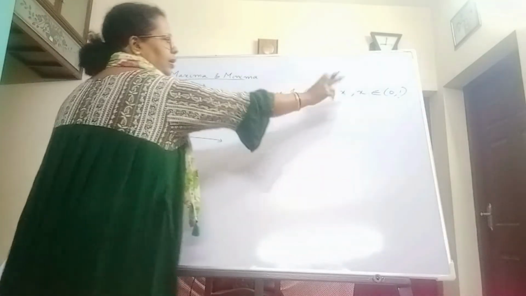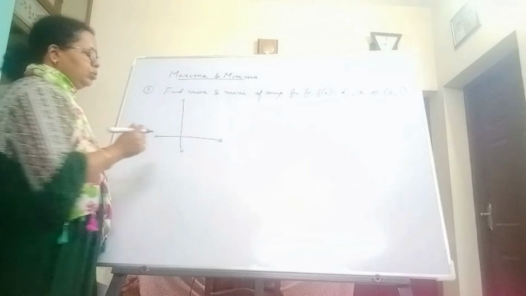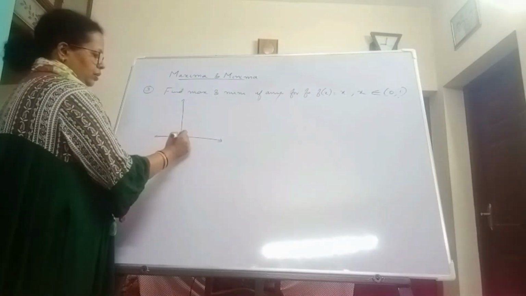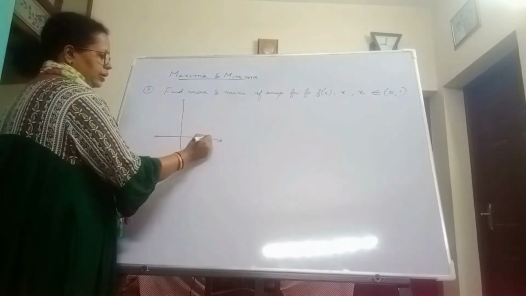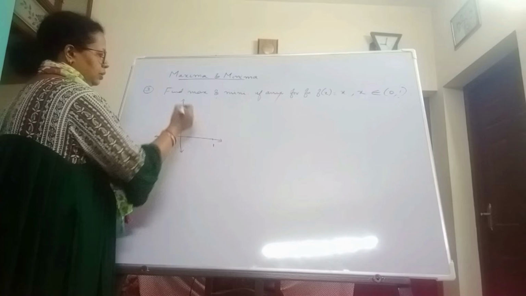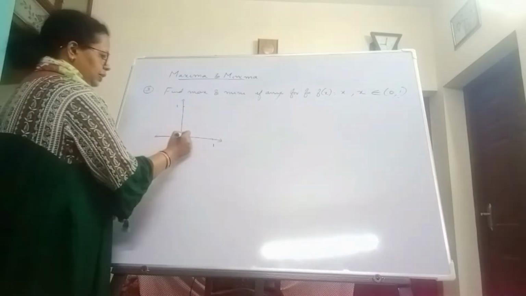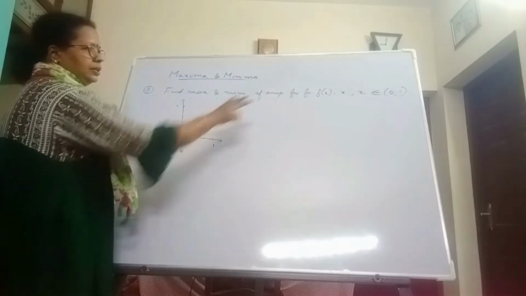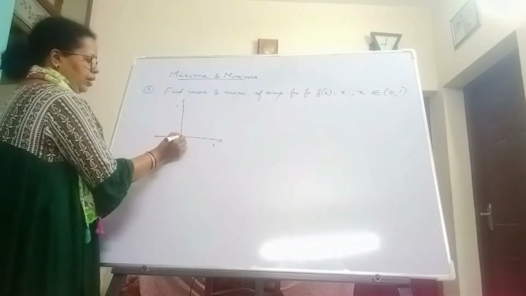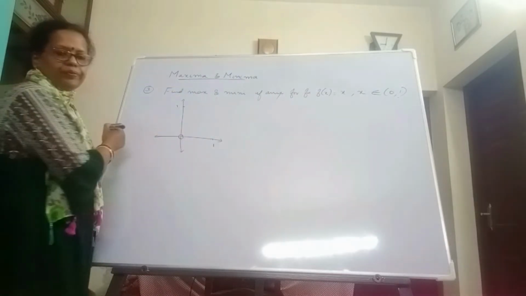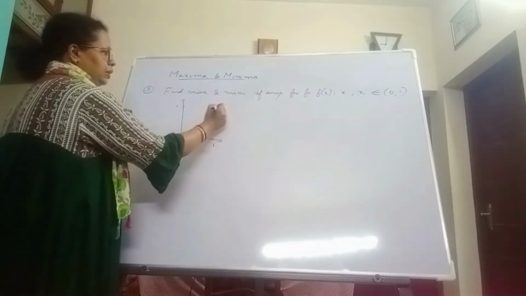But here the interval is given as 0 to 1. X equal to 0 is the origin and x equal to 1. Let us mark this point. So what is the graph? 0, 0 is a point, but 0 is in an open interval, so we have to exclude 0, 0. 1, 1 is another point.